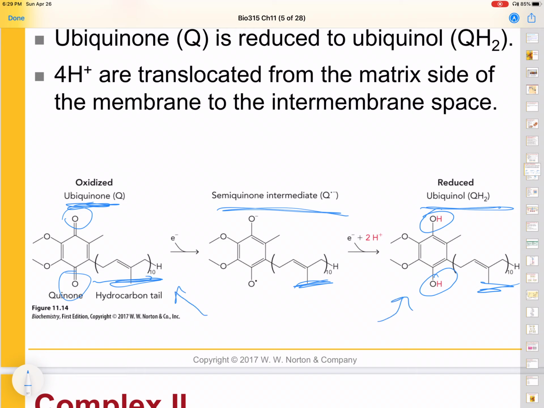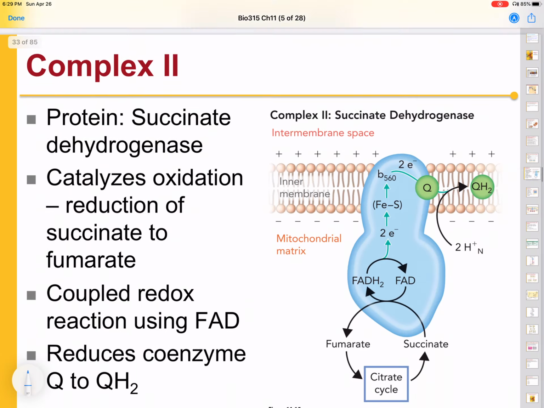And we know that lipids can pass freely through a membrane, and so ubiquinone is able to hide these electrons and travel at will through the inner mitochondrial membrane to go to complex 3.